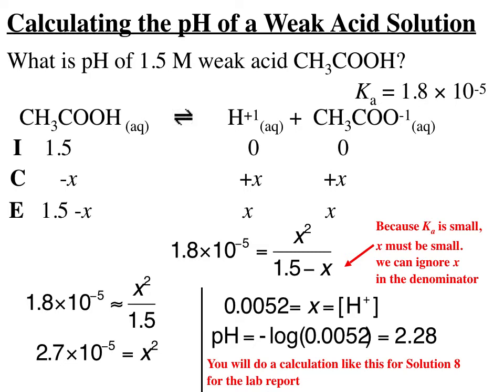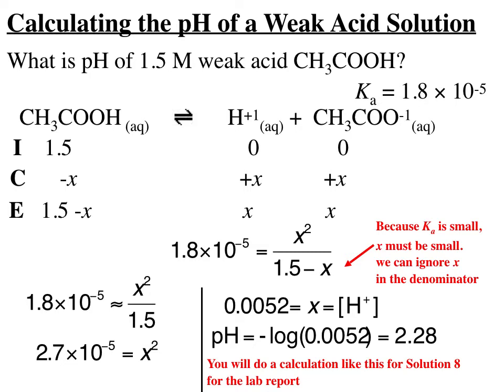So the loss of the acetic acid is exactly the same as the gain of the H plus and the gain of the acetate anion. So when the dust settles, when it comes to equilibrium, we add the initial and the change. So for the CH3COOH, that's 1.5 minus X. For the H plus, that's X. And for the acetate anion, that's X.